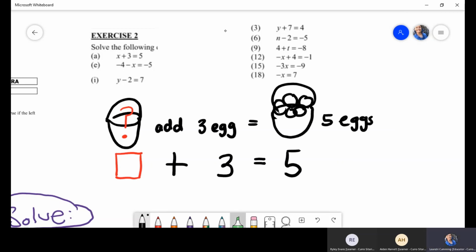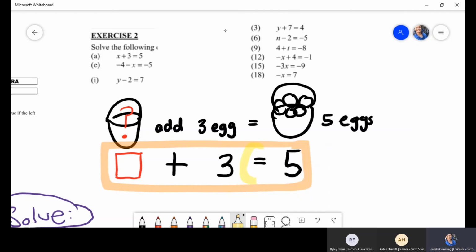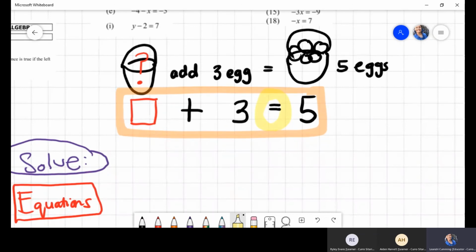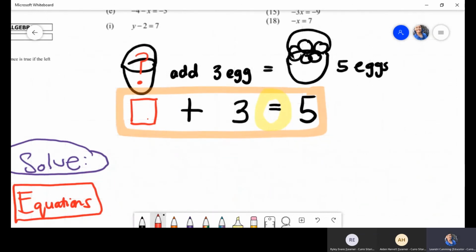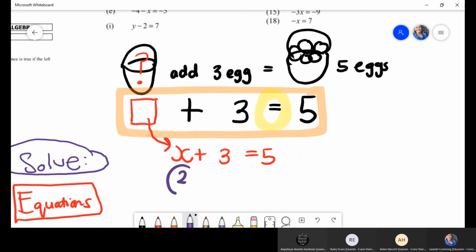What is this? This is an equation. Why can I make that statement? Because of my equal sign, smack bam in the middle. But I can actually, through inspection, see that that missing value, which I now call x, is going to be 2. Because I can think for myself, if I have 3 and I want 5, surely I must add 2.